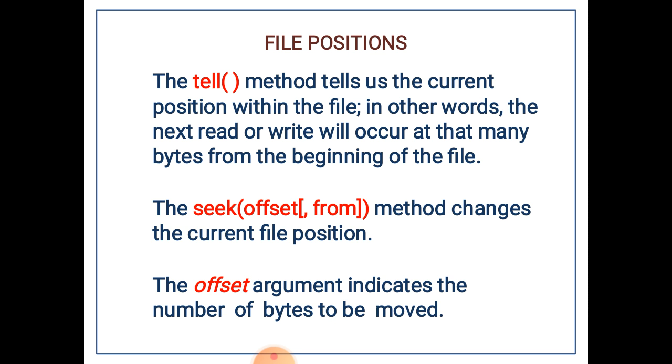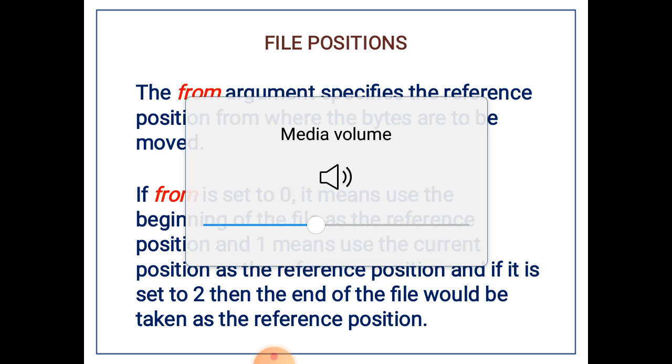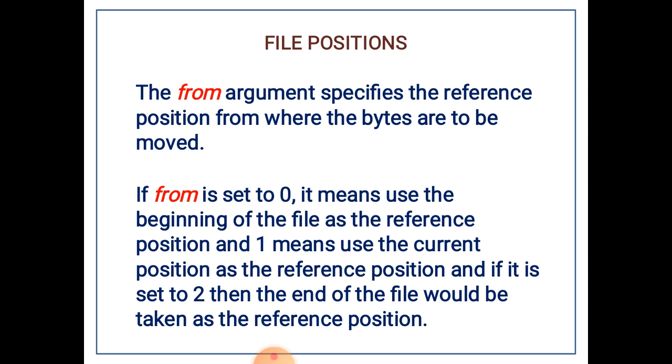The seek method has two important words: one is offset and the next one is from. The offset argument indicates the number of bytes to be moved, and the from argument specifies the reference position from where the bytes are to be moved.